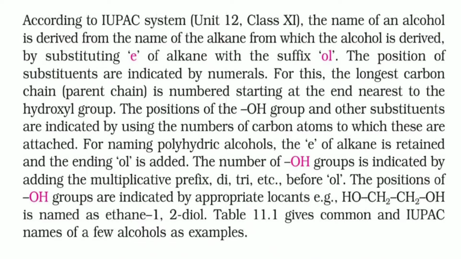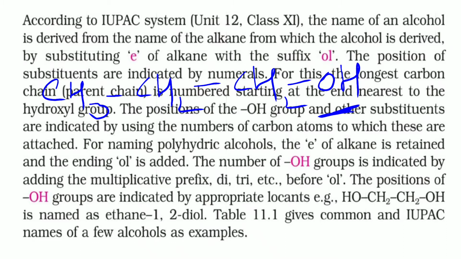When we need to do the nomenclature of alcohol, we first have to identify the longest chain, and start numbering from the carbon nearest to the hydroxyl group.